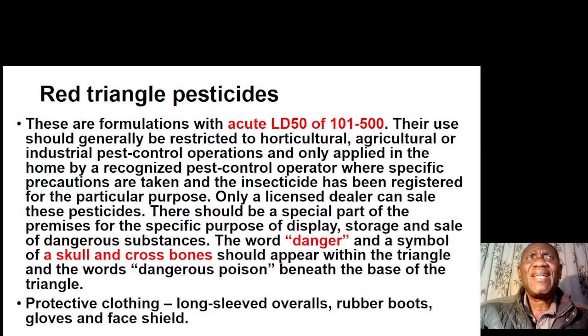So if a pesticide is in this range, we are not just supposed to get it and use it in our homes. We need a specialist to administer this pesticide.